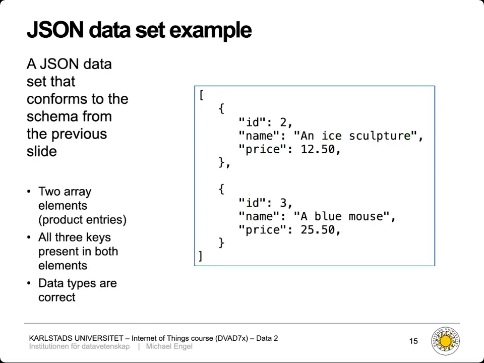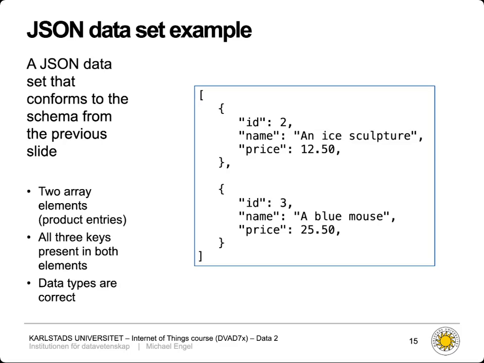Right. So a very simple JSON data set that conforms to our specification looks like we see on the right-hand side. Here we have two data sets, so they're contained in an array, and each array element has to conform to this JSON specification. So we have two product entries.